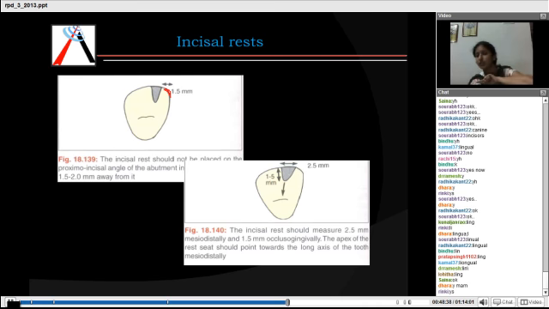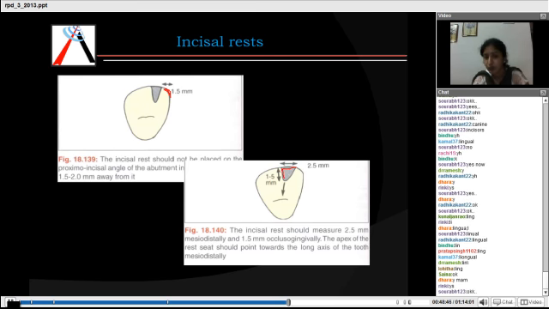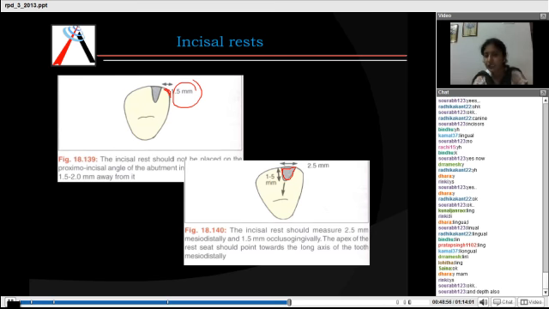You should not fracture the proximal incisal angle. Secondly, the dimensions. It should be 2.5 mm wide mesiodistally and 1.5 mm wide occlusogingivally. Those are the dimensions to be learned.